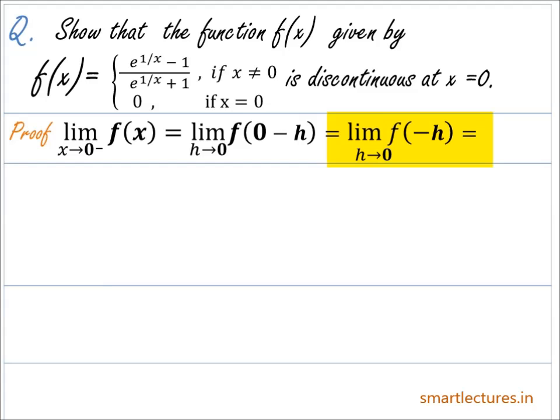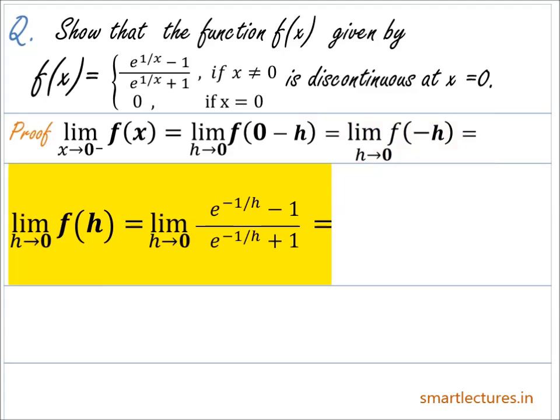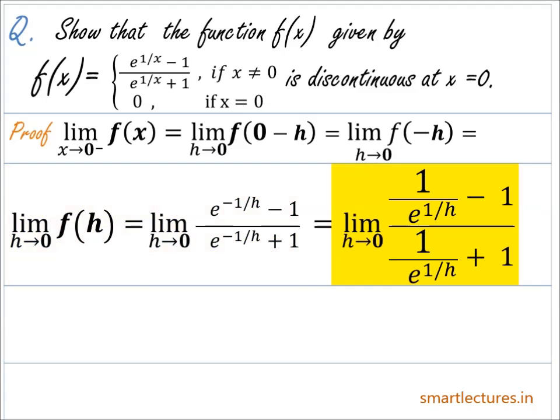And now putting the value of minus h in the function f of x, this limit becomes limit h approaches 0 e raised to the power minus 1 upon h minus 1 divided by e raised to the power minus 1 upon h plus 1. And after further expanding this expression, limit h approaches 0 1 upon e raised to the power 1 upon h minus 1 divided by 1 upon e raised to the power 1 upon h plus 1.